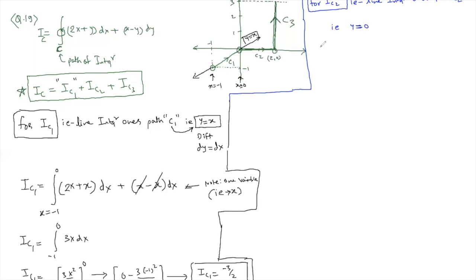No, y equals 0, because now we're talking about this path, and this line is nothing but the x-axis. It has the equation y equals 0. So this path belongs to a line which is y equals 0. If y equals 0, what do you think dy is? 0.